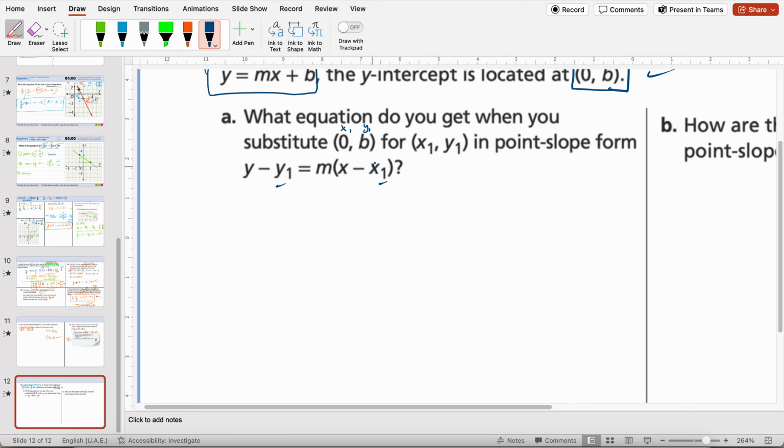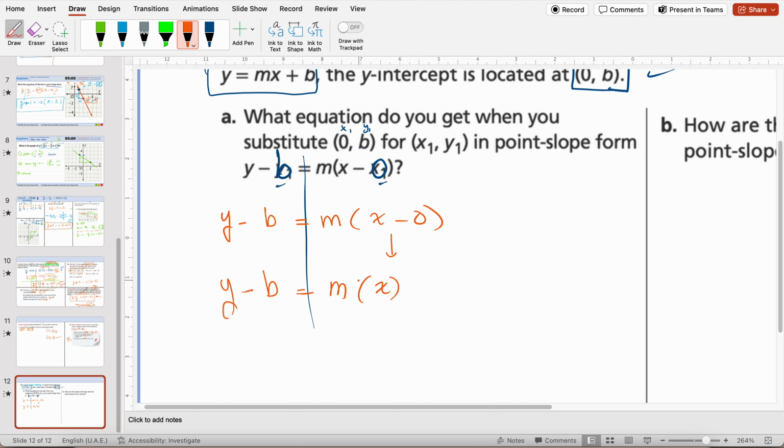So instead of x1, I will put 0. Instead of y1, I will put b, okay? What's my equation? Y minus b equals m times x minus 0. Let's simplify. X minus 0 is what? X. Now, m distribute. M times x is mx.